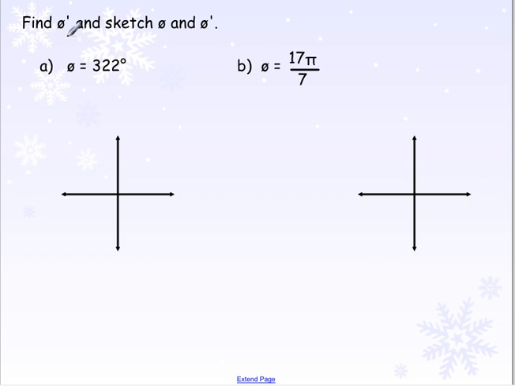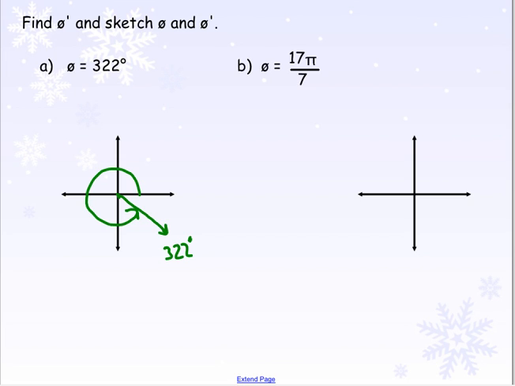Okay, so in the directions here, it says find the reference angle. Again, that's the theta with the little apostrophe. Okay, so if I draw 322 degrees, I'm just going to get a guesstimate. I'm thinking it would be, you know, over here somewhere. So 322 degrees would be that green angle.